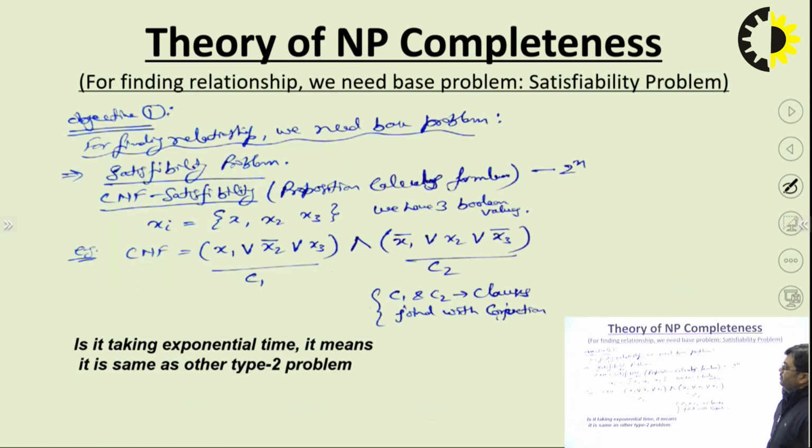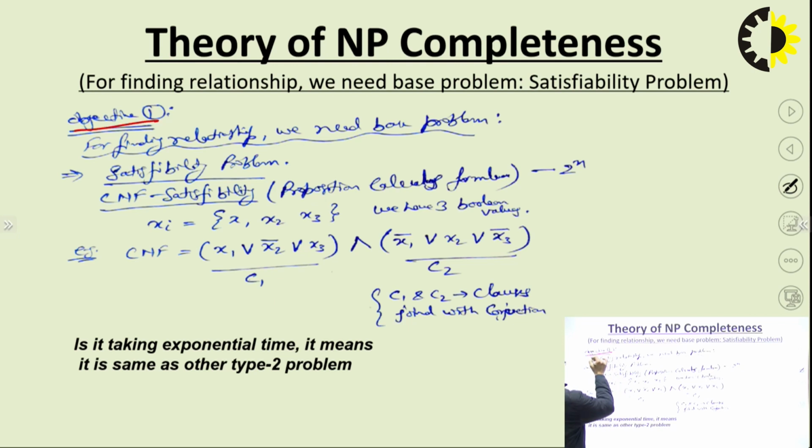The objective is finding the relationship, and for that we need some base problem. If we have a base problem for type 2 algorithms, then it will be easy to find a non-deterministic algorithm for them.